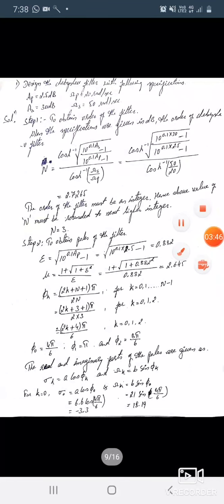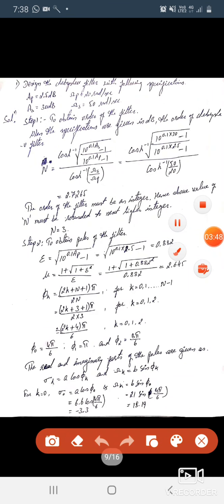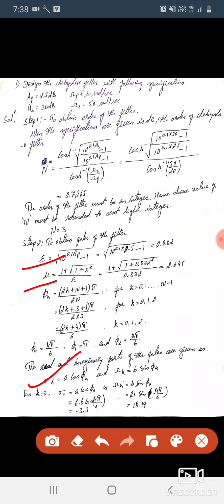Okay, after calculating this, go for finding your values for zeta and also for mu, as already explained. Here we have to calculate sigma k and omega k, that is A cos phi k and B sin phi k. Substitute for k value as 0.